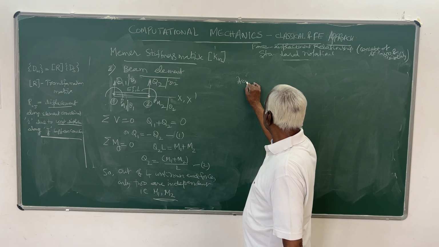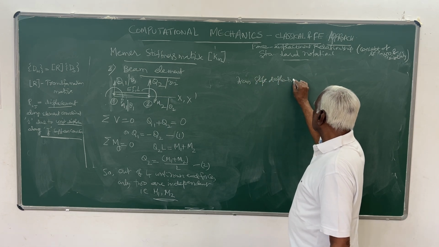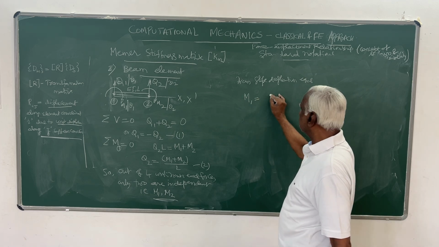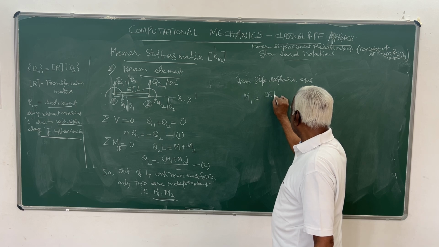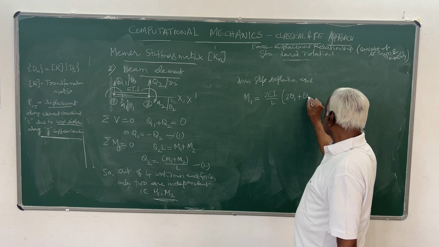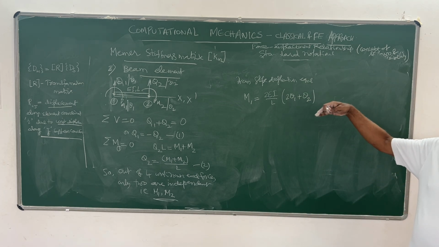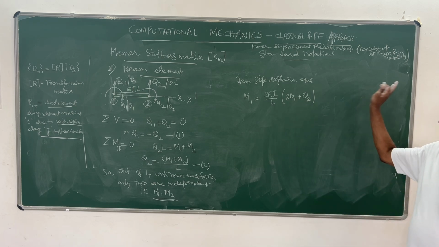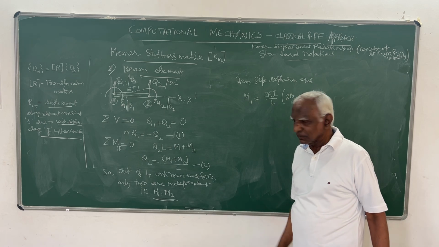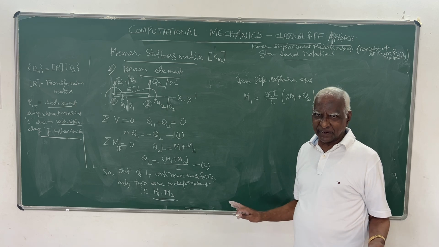So from slope deflection equations, M1 is given by 2EI by L into 2 theta 1 plus theta 2, and that delta, there is no sway, because sway I am not considering, V1, V2, I am not considering, because I am not choosing it, Q1, Q2 are not independent.